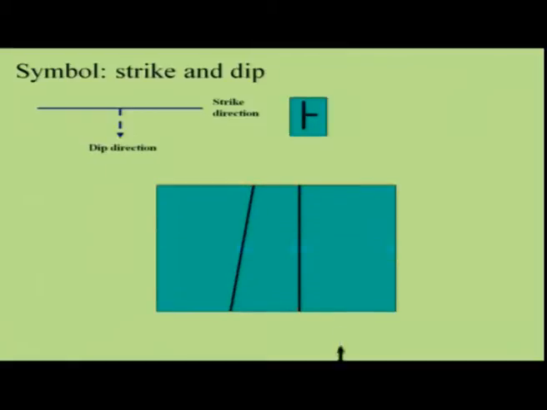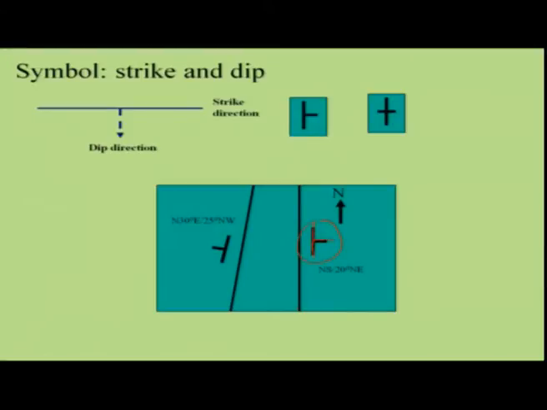Next we talked about the strike and dip symbols, and then we talked about the representation of the plan view of any beds. So on geological maps you will see such symbols which indicate the strike. This indicates the strike and this is your dip direction.